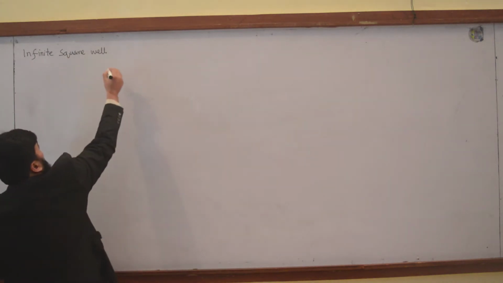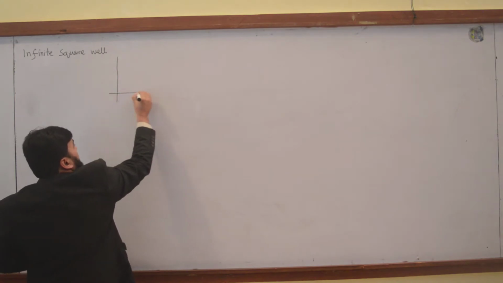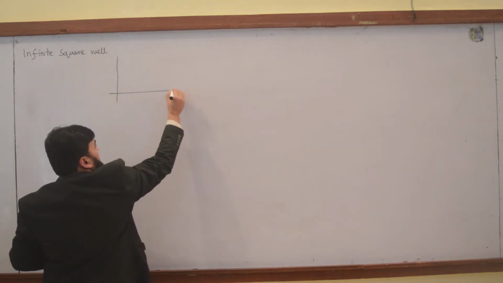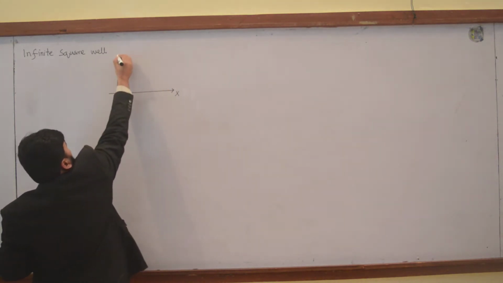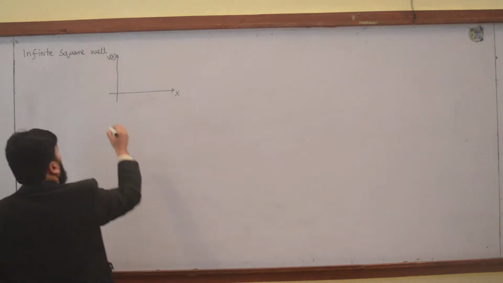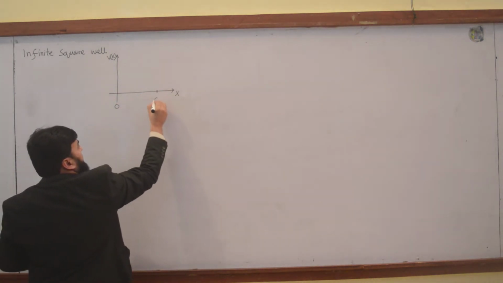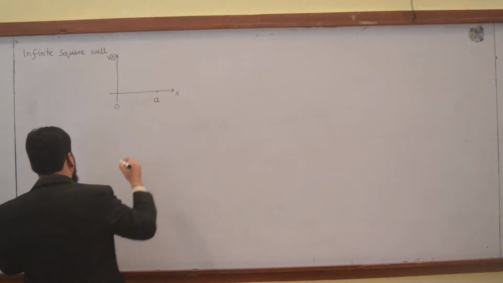The geometry was that on this axis we have x, and on this axis the potential, which is a function of x, and here it is 0, and here we have a.